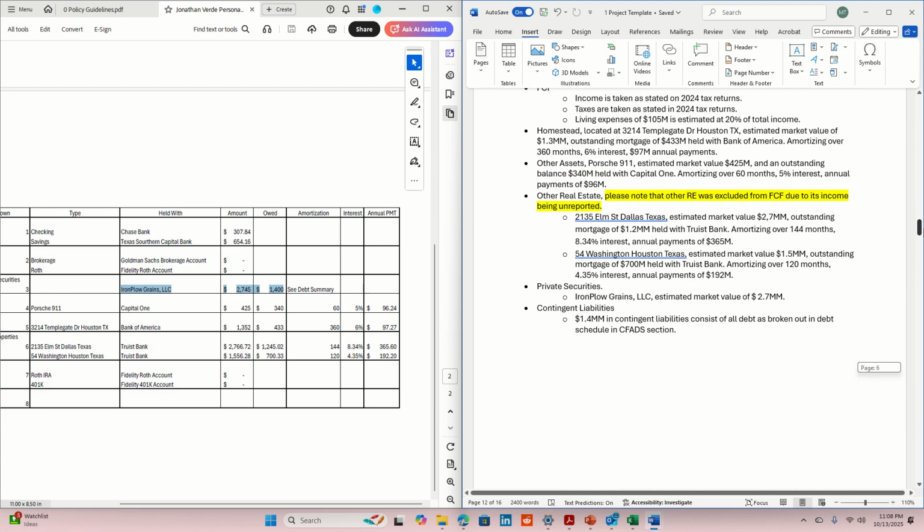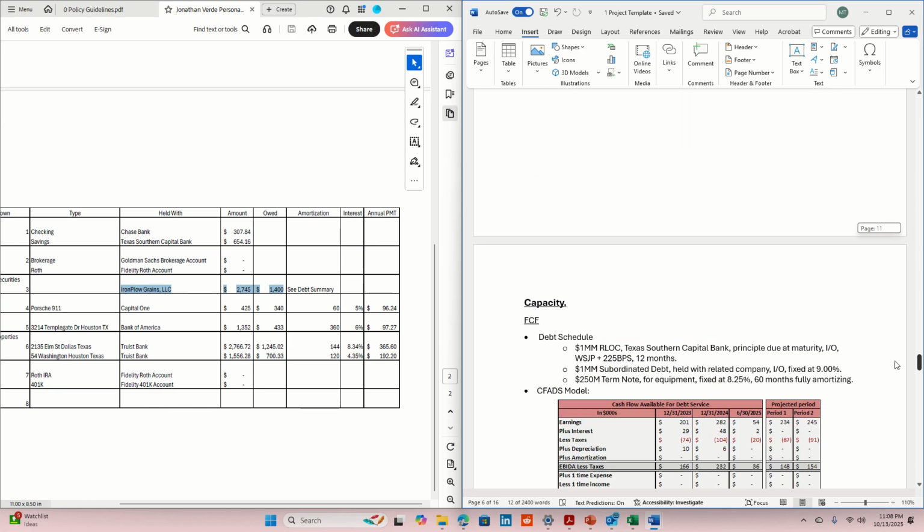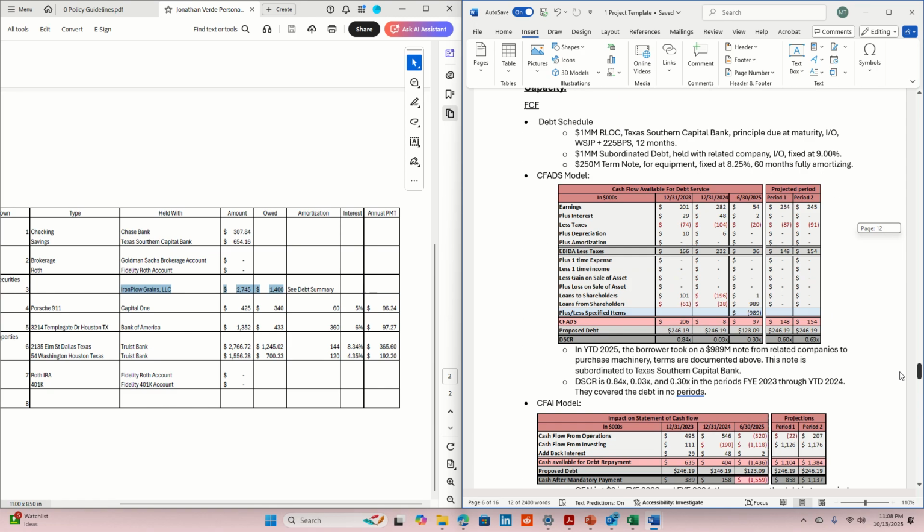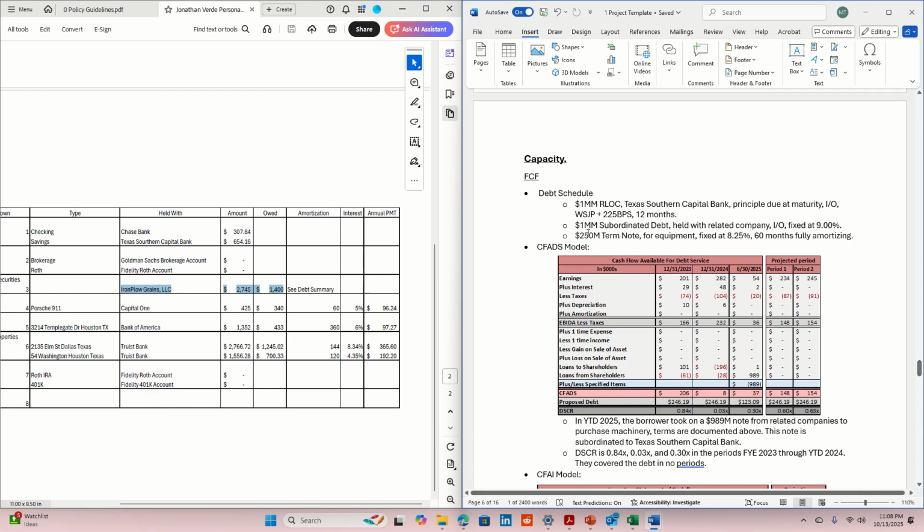So we can just say my 1.4 million in contingent liabilities consist of all debt as broken out in the debt schedule in the CFAD section. Now keep in mind I have 1.4 million here, and my CFAD section says I have 2.25 million. Now keep in mind the subordinated debt is not included in contingent liabilities, right?